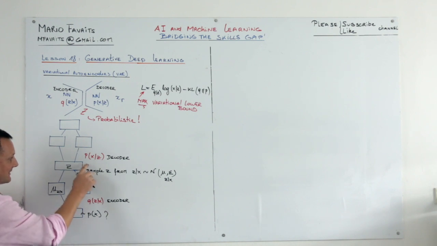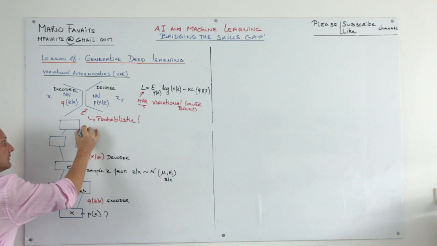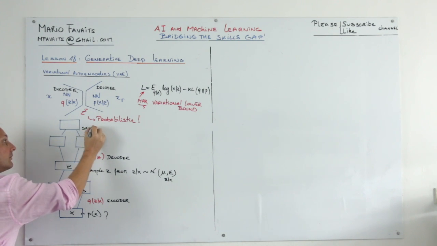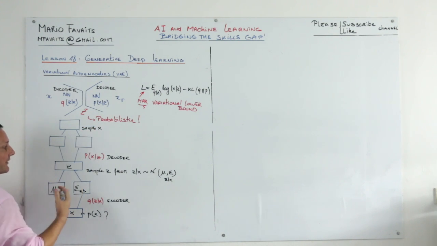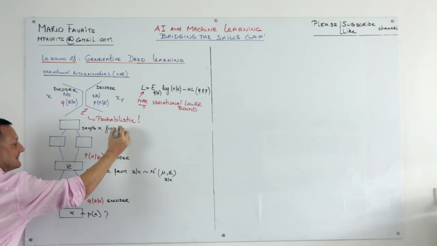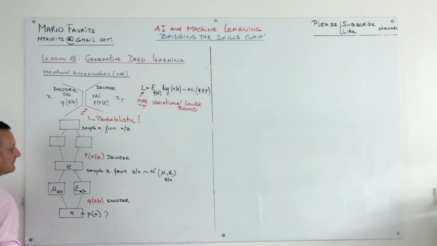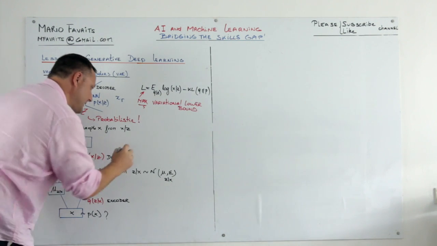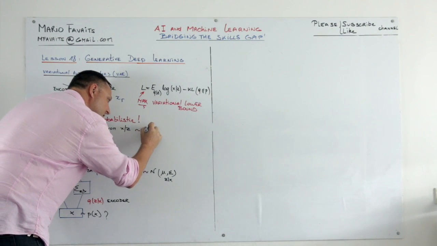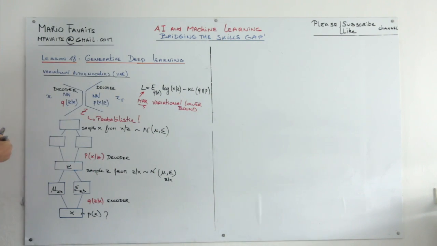Now here we're going to decode the message, and here again we're going to sample X, or your X reconstructed, from X given Z. And X given Z again we will assume is normal with a mu and a sigma.